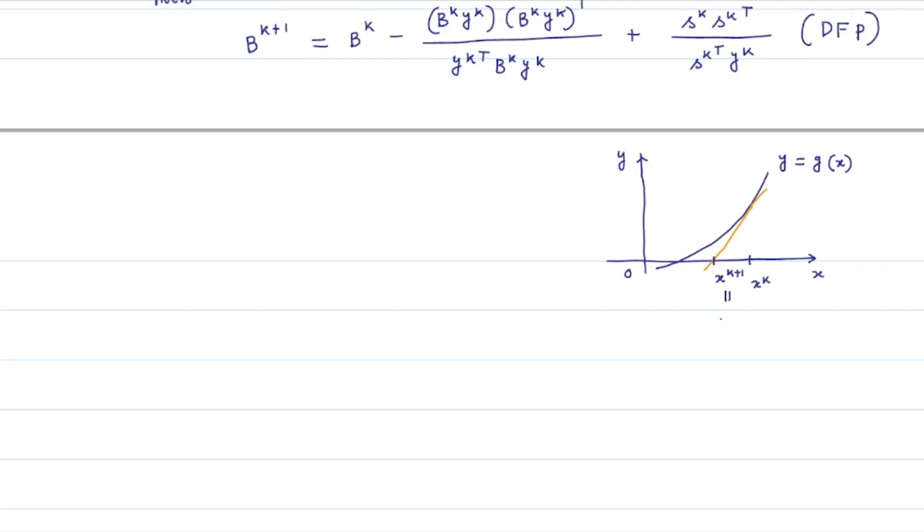This xk plus 1, as we all know in Newton's method, is given by xk minus g(xk) divided by g dash (xk).